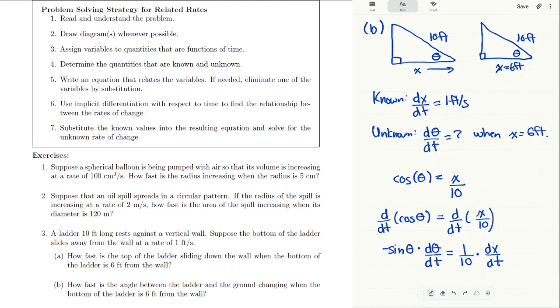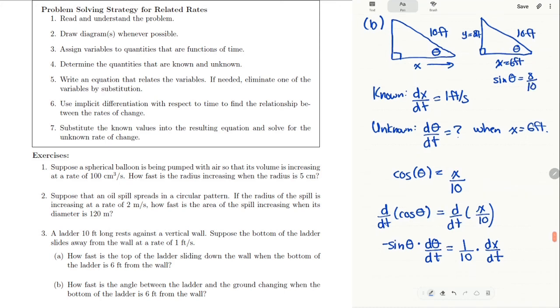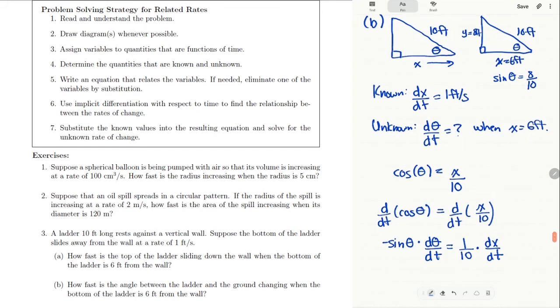Now back in part A, we determined from Pythagorean's theorem that this side was 8 feet. And so we can determine the sine of theta, which is the opposite side over hypotenuse. So the sine of theta is going to be 8 over 10.